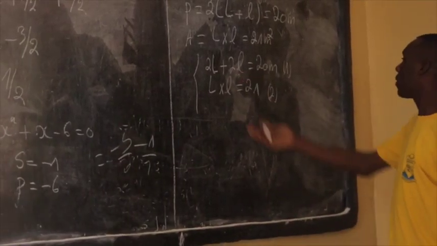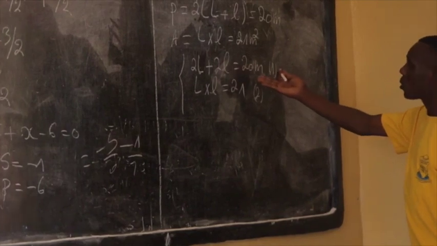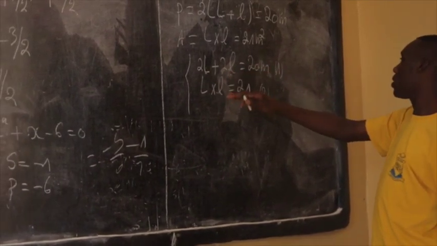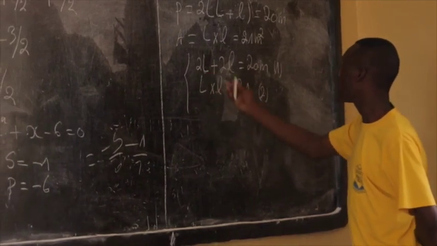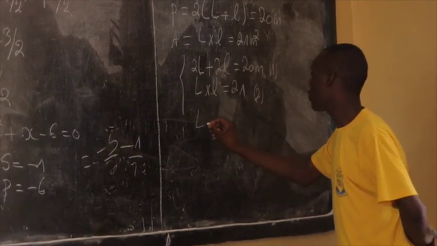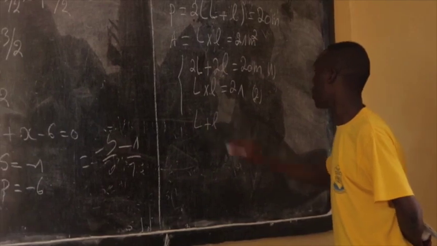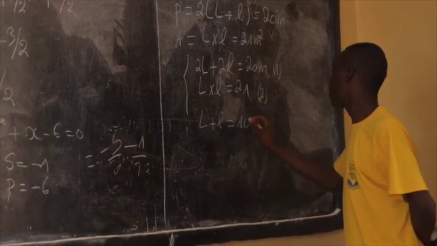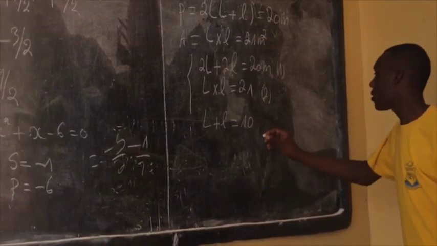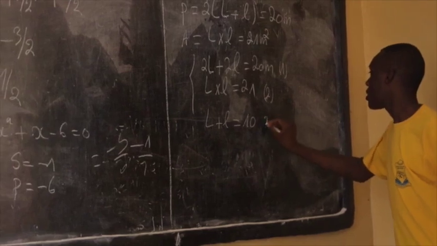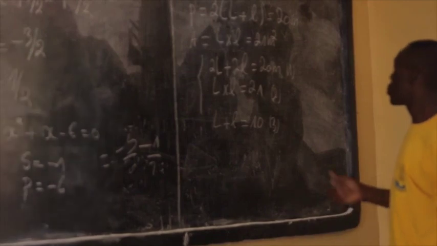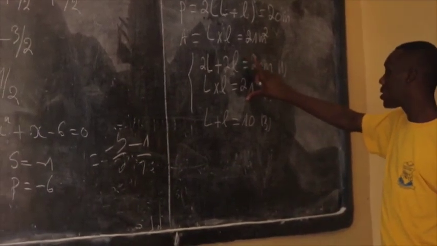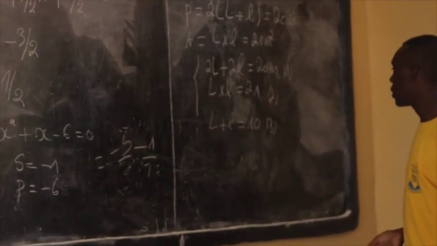Here we can divide both sides by 2 because we have an even number. Dividing by 2, we remain with length plus width equals 10. This is equation 3. Now we can join these two equations to form the quadratic equation.